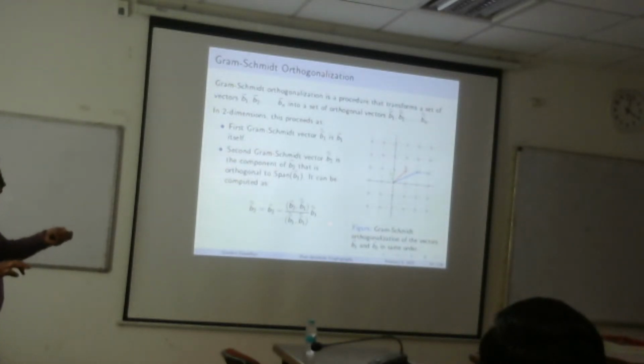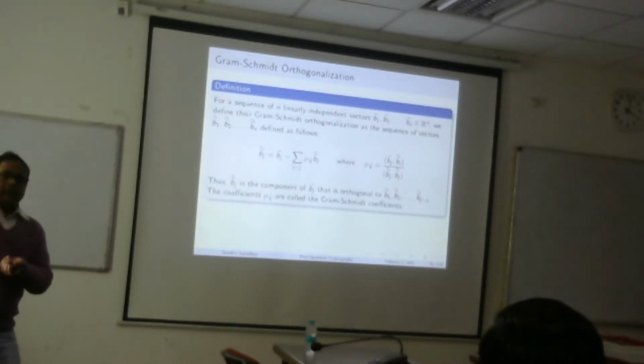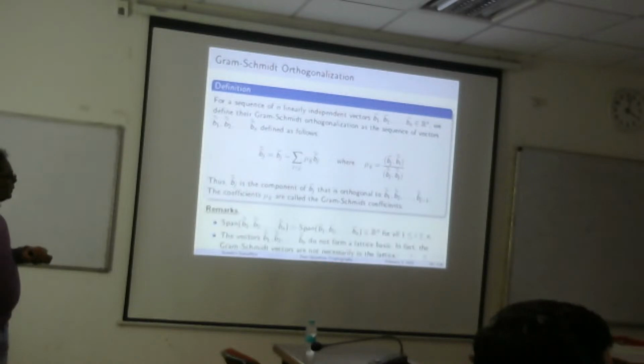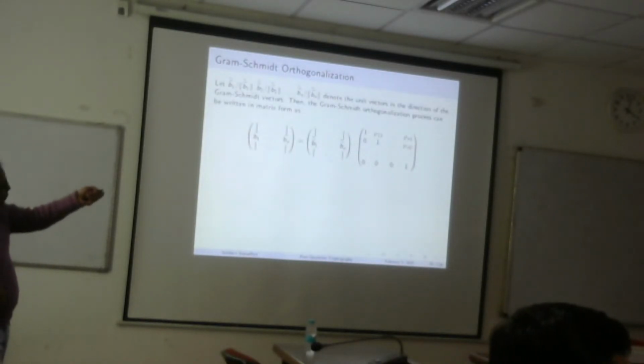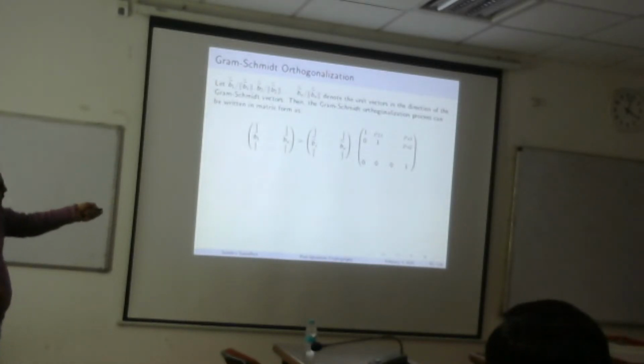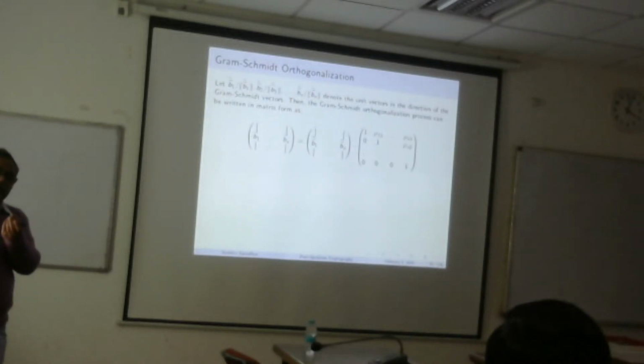So I can do that and I can create this. Now this can be done not only for two vectors but for any number of vectors. So I can just keep on doing this. If I have the original vectors b1, b2, b3, up to bn, I can create b1 tilde, b2 tilde, up to bn tilde by doing some kind of a transformation. The transformation is removing the components corresponding to the previous vectors, and subtracting them from the current one.